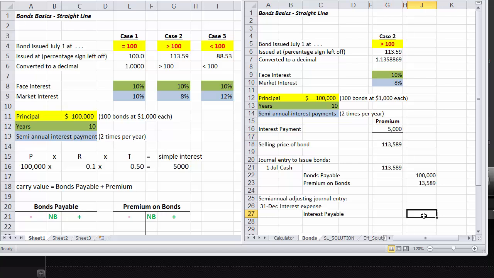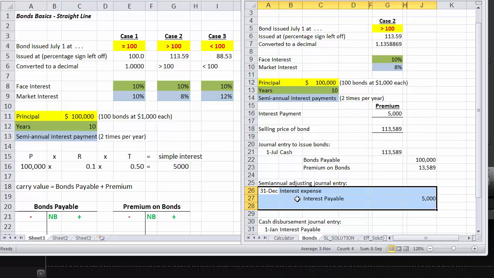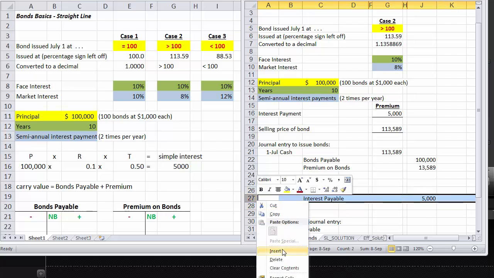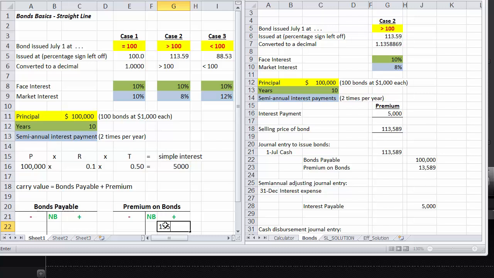So that means the $5,000 is what we are planning to pay to the bond investors on January 1. Keep in mind, December 31st, we're just doing the accrual entry to reflect the amount of interest expense for this segment of time. Now, what we're going to have to do here is we're going to have to amortize a portion of this premium. Since we are using the straight line method, what we'll have to do is look at the $13,589, which is currently in the account.